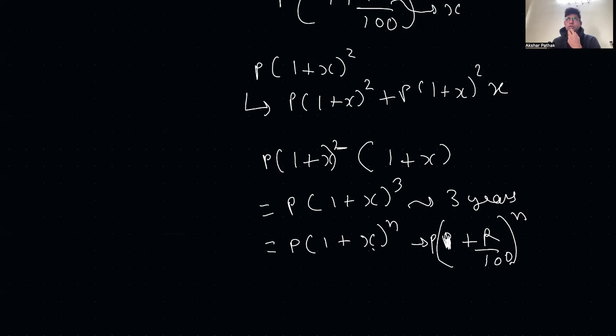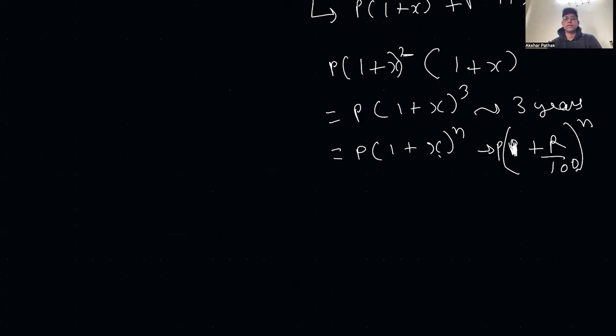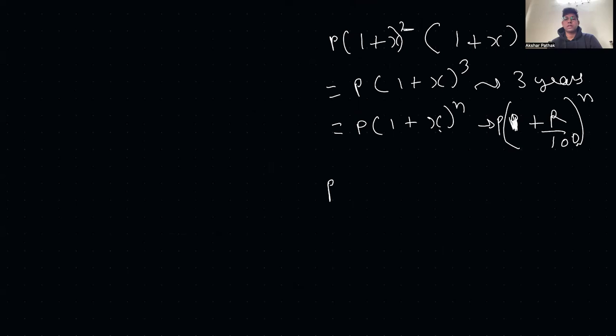Because what does compound interest mean? That every year you are having some principal value and it will increase that interest from that value. Like initially you have P, and they took P plus PR by 100 next year.